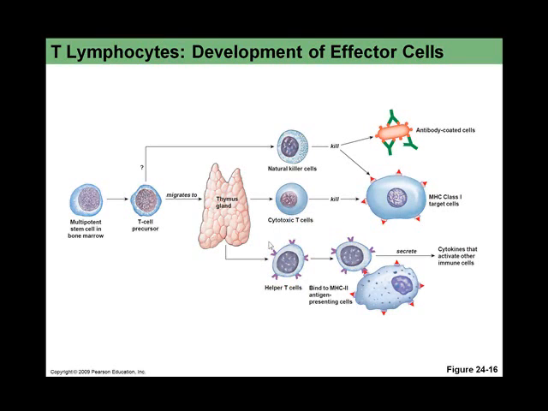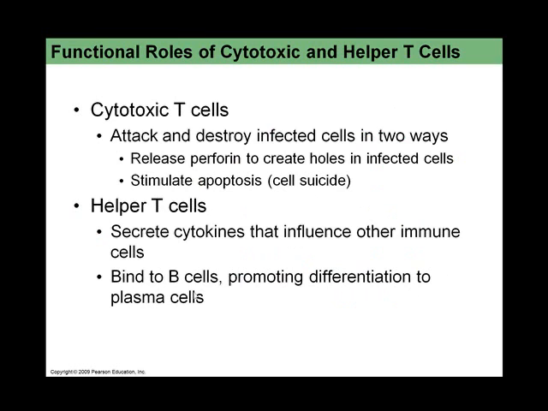They are also killers. And then the helper T cells also develop, and what they do, as we saw, is they bind to the MHC2 antigen-presenting cells and secrete cytokines that activate other immune cells. So we're getting the immediate defense, the direct defense, and then the recruitment from the helpers, right? So they help coordinate or orchestrate the immune response.